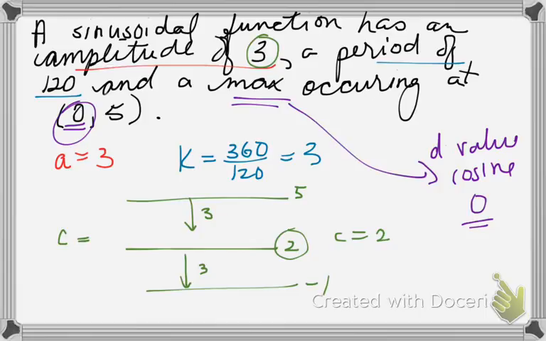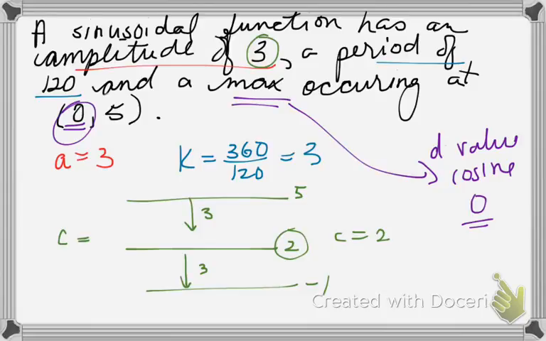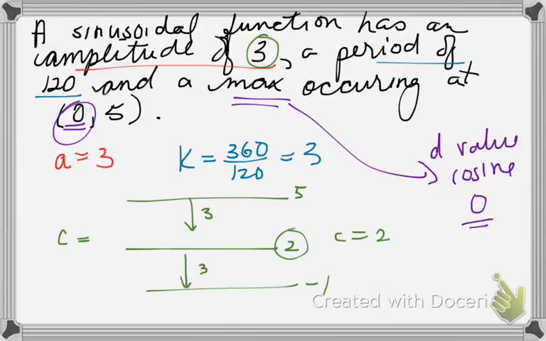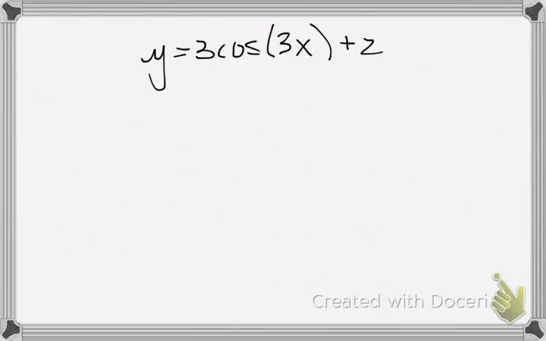So here's my cosine function. Oh, actually, we don't have a d value, so let's write it like this: 3 cos 3x plus 2. So no d value, so we're not putting anything in here.